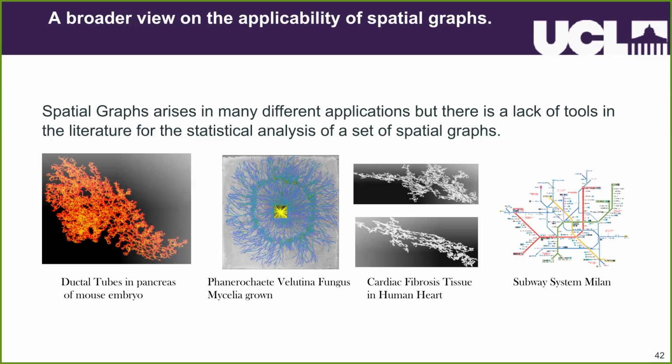In particular, there is one project in collaboration with colleagues in Denmark where we study the pancreas. So these are the ductal tubes in the pancreas. So we have microscopic images of how these tubes develop in an embryo. And the question here is to study the data with a longitudinal data analysis approach, because we are measuring how the structure grows in time.